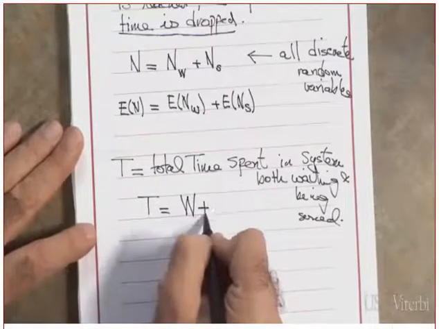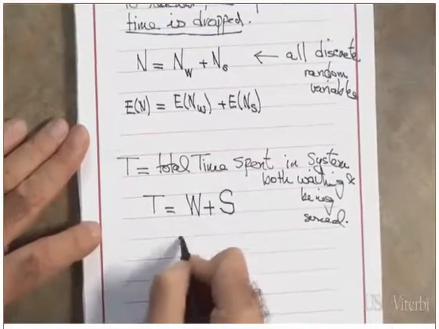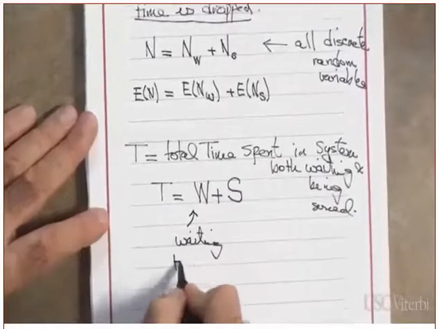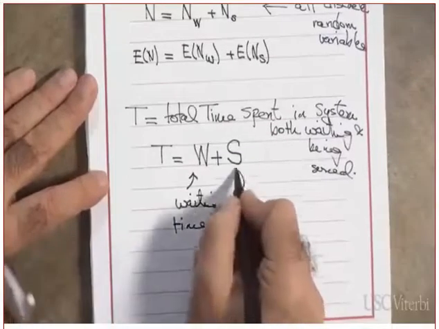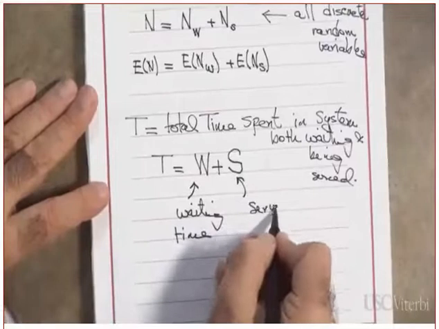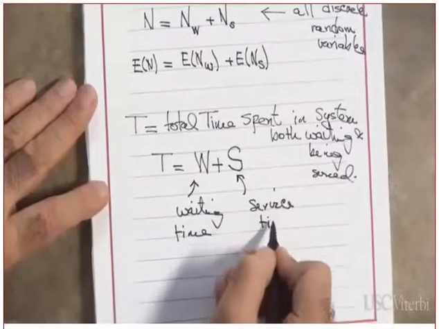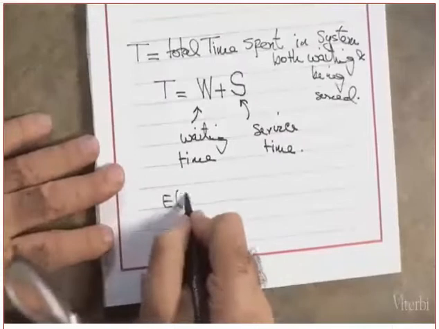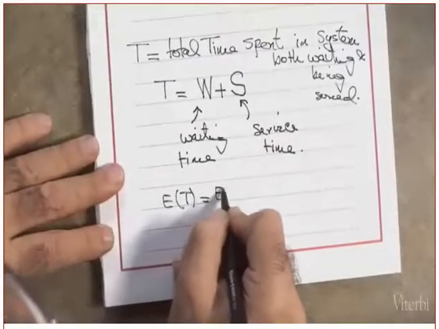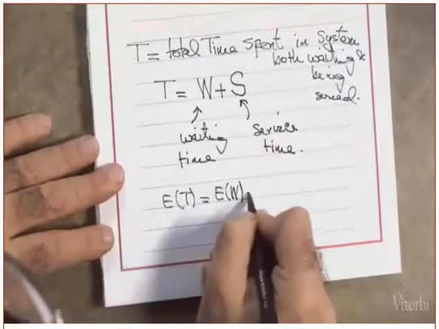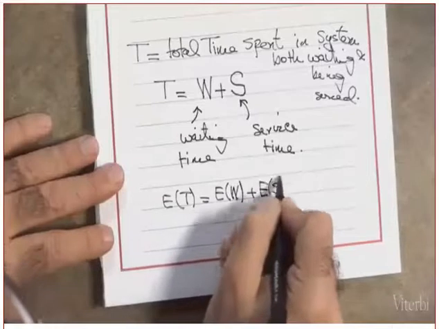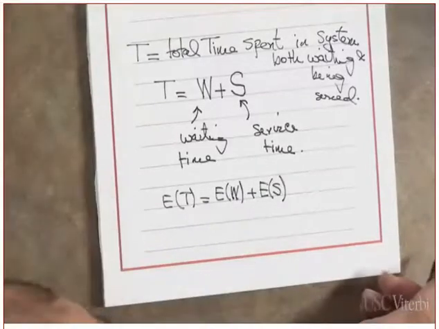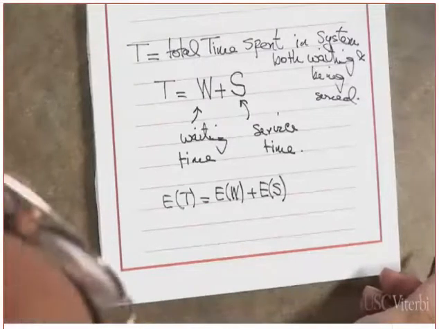W plus S. This is the waiting time. This is the service time. Clear? Okay. E of T is equal to E of W plus E of S. Clear so far?